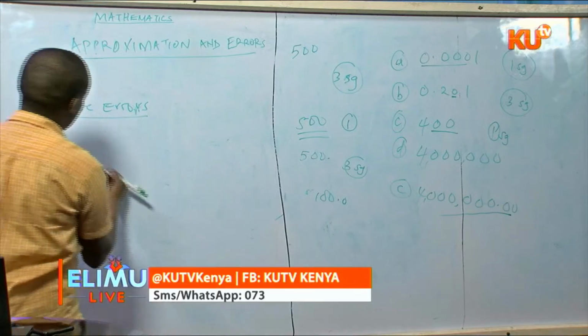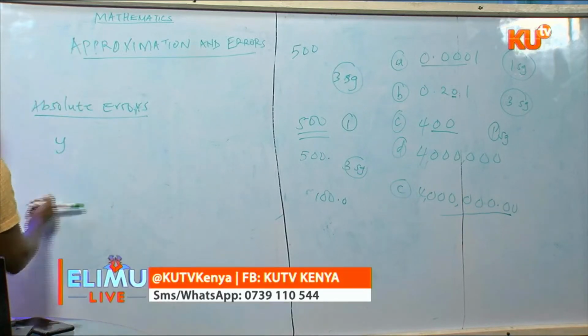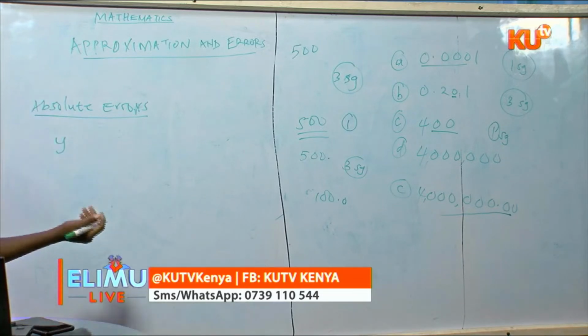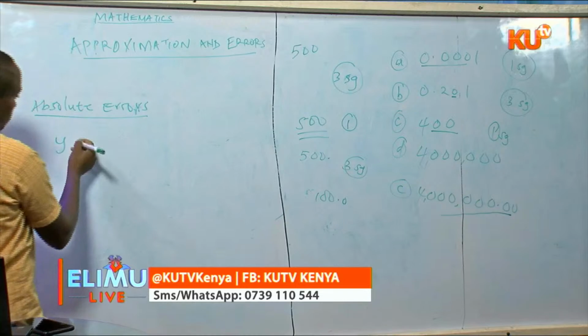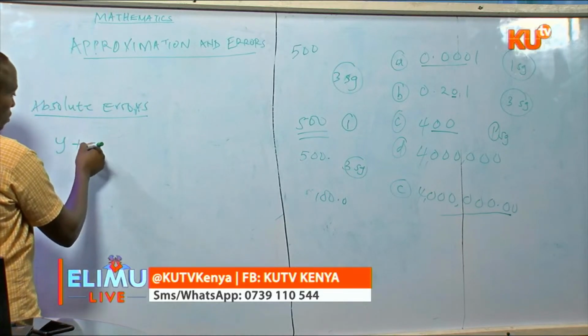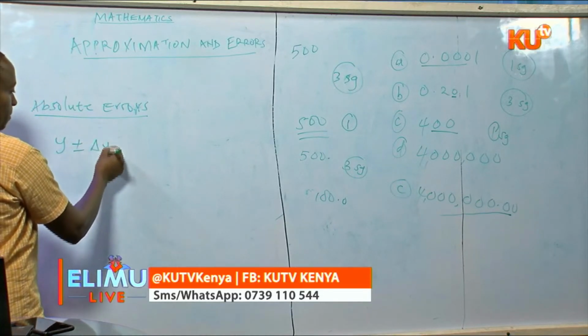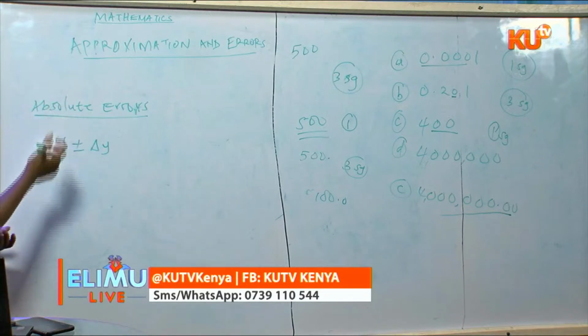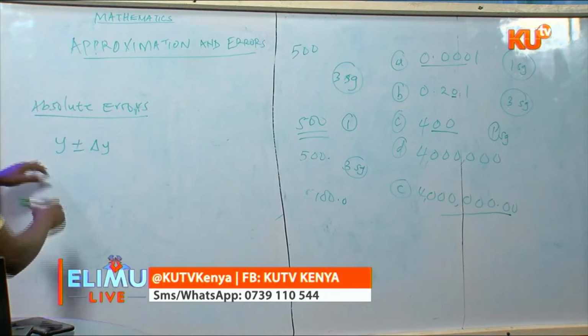Absolute error is denoted by Δy. It is y, or any other letter can be used, we just want to denote them. So plus or minus change of y. So if it was in a gradient and I want to get the absolute error, this is the absolute error.